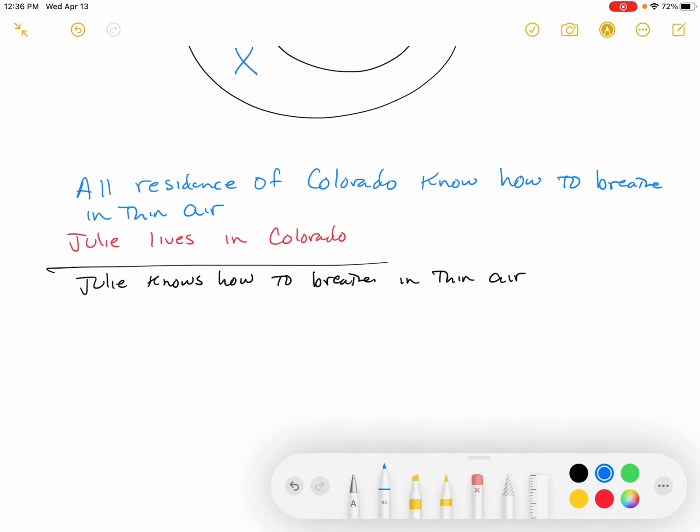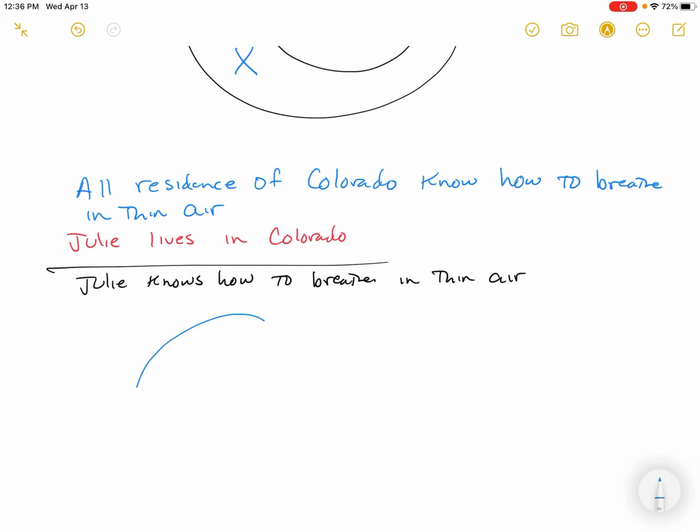So if I use my pen for that blue statement, what do we know? We're going to have a big circle and some kind of little circle in the middle. So what's the big circle? Is the big circle Colorado or breathing in thin air? It's actually the breathe in thin air.